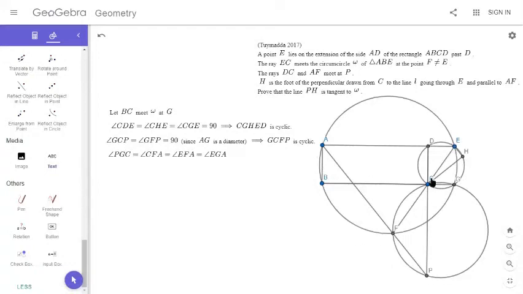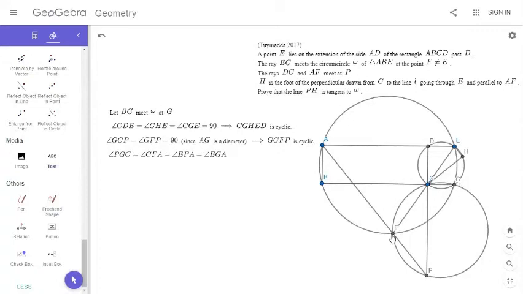Well, EFA is CFA, which is... wait, I'm getting confused here. You know what? It's not that hard.